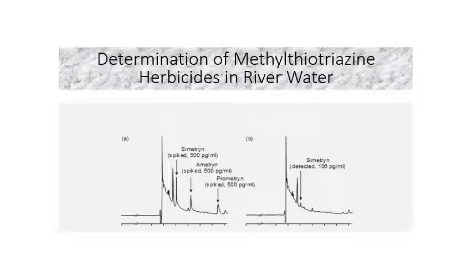Recoveries of simetryn, ametryn and prometryn at 50 picogram per ml were 101%, 95% and 95% respectively. This is the chromatogram of river water sample spiked with the methylthiotriazine herbicides and river water sample by column switching HPLC system with a RAM MIP as a pre-treatment column.